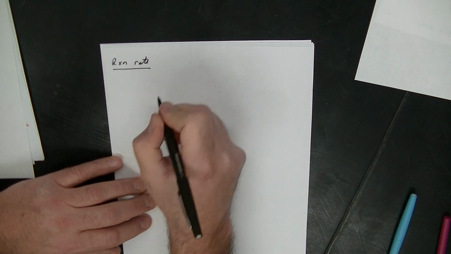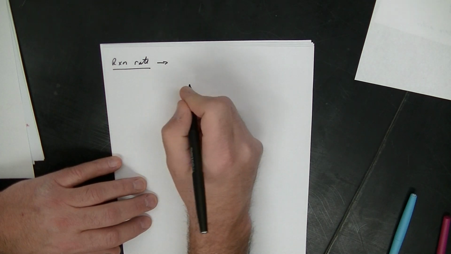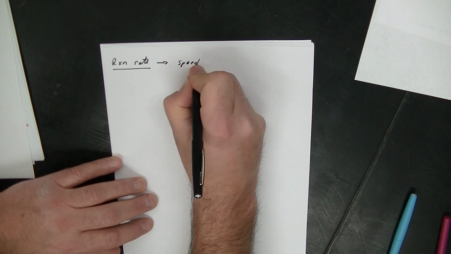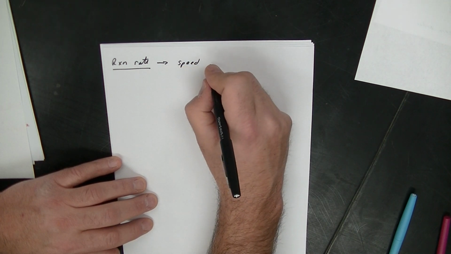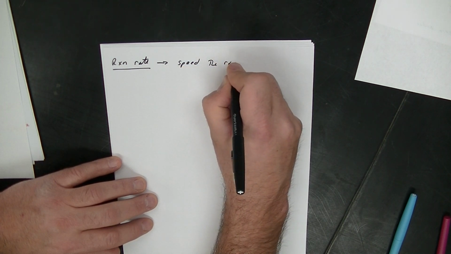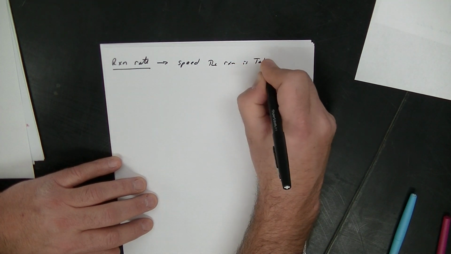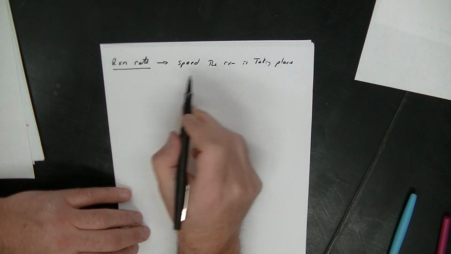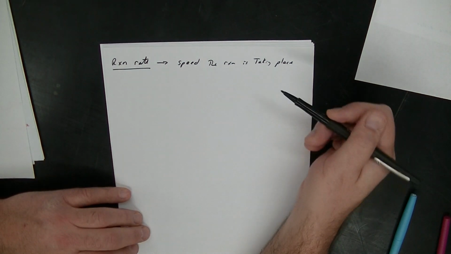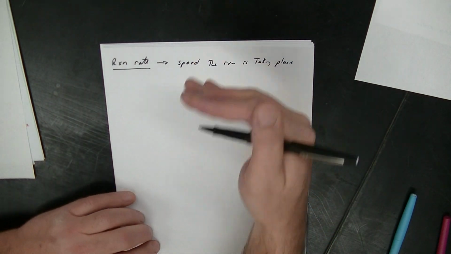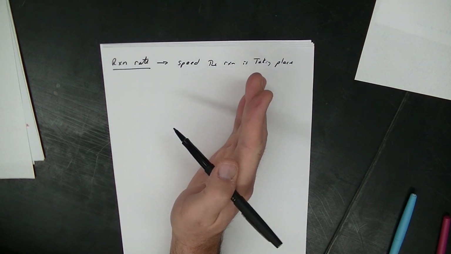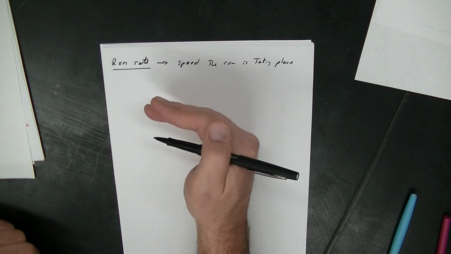When we're talking about just the reaction rate, we're talking about the speed at which the reaction is taking place. And remember that speed can change as the reaction's happening. So it's an instantaneous point in the reaction. How fast is it going?